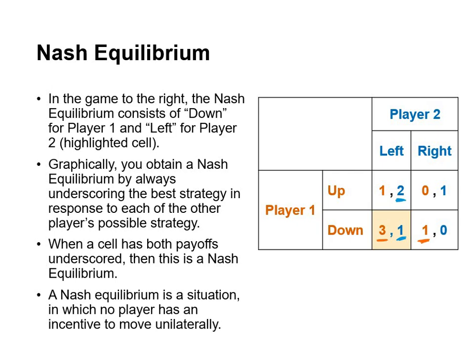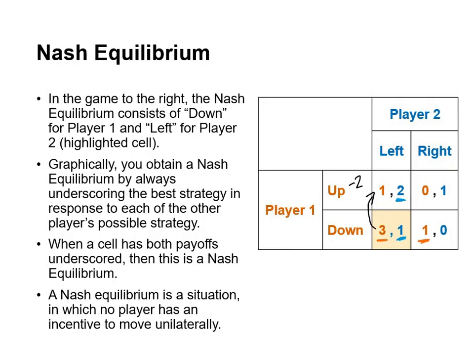But what does a Nash equilibrium mean? A Nash equilibrium is a situation in which no player has an incentive to move away unilaterally. So player 1 would have no incentive to say, you know what, I let player 2 play left and I move unilaterally to up, because in this case player 1 would lose 2.